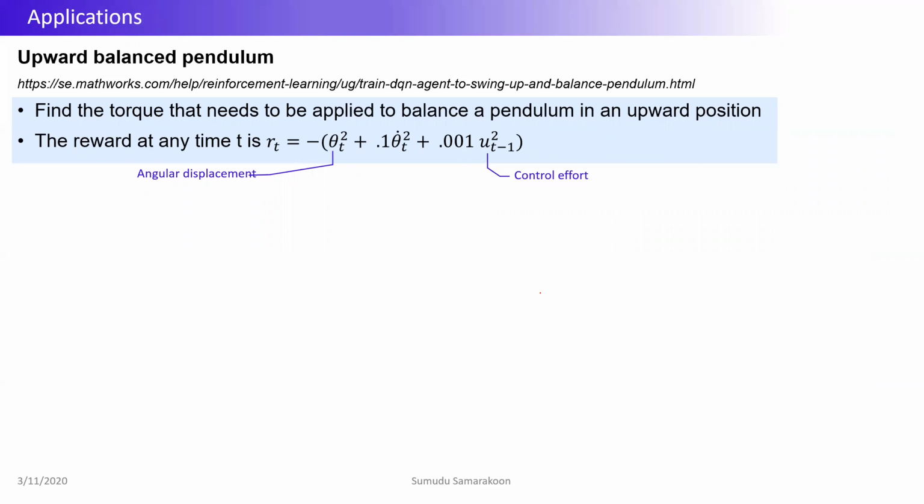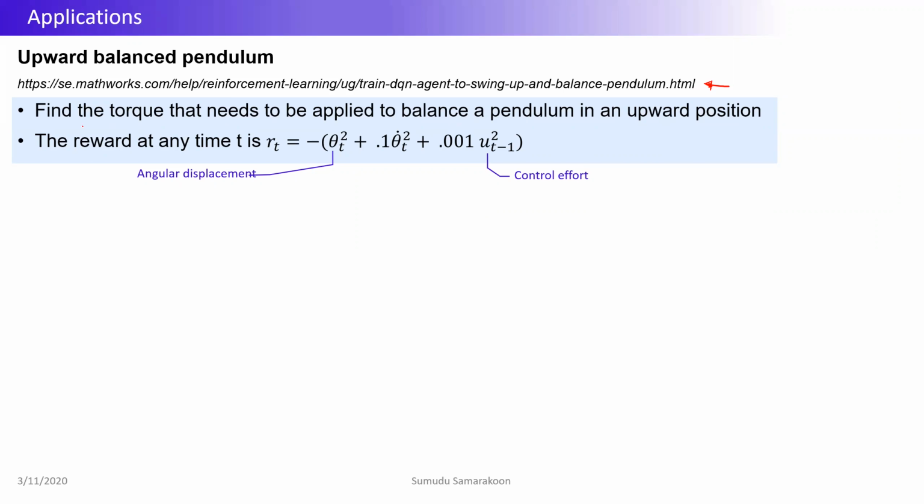Now, let's check a couple of applications. The first one I'm using here is the upward balancing pendulum. This is an example you can find in MATLAB. The code is available, and the results can be analyzed in MATLAB.